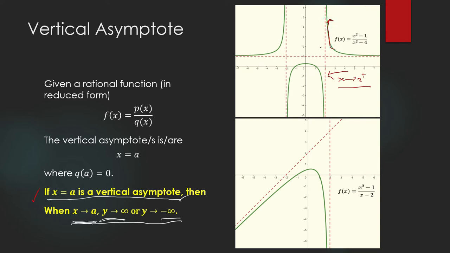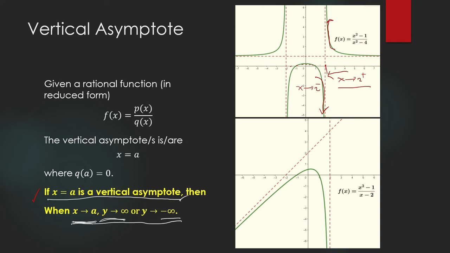The graph of your function, and in particular the y-coordinate of the graph of your function, approaches infinity. And when x approaches 2 from the left, so the values of x are less than 2, your graph, or y, which is the value of your function, approaches negative infinity.